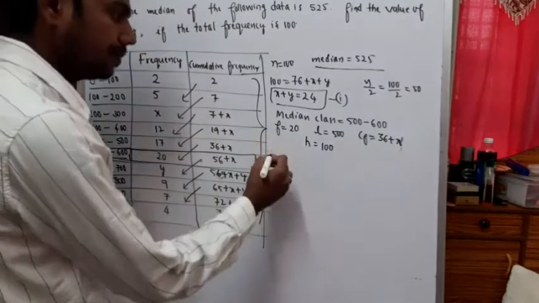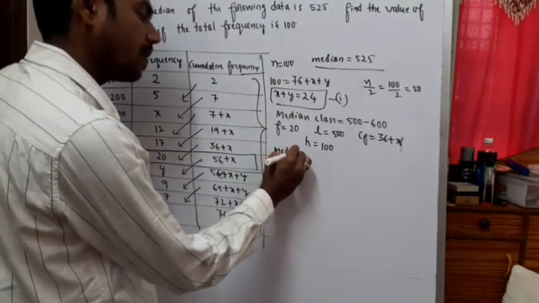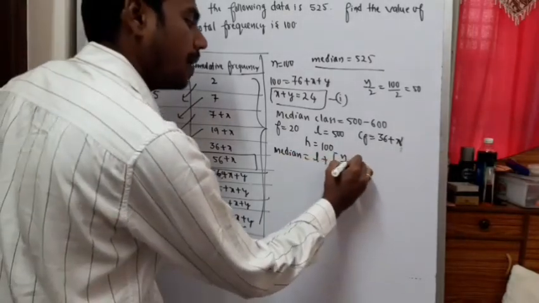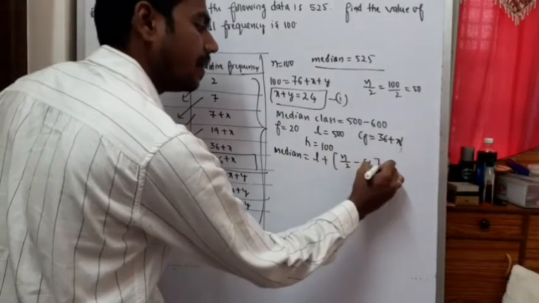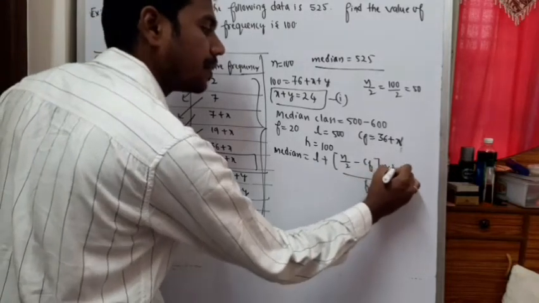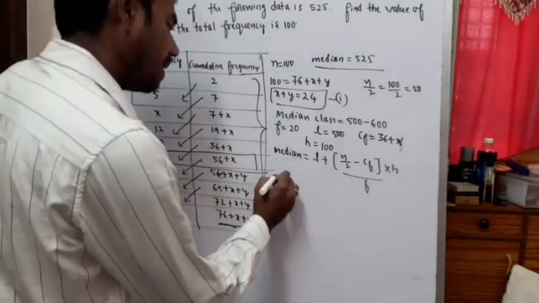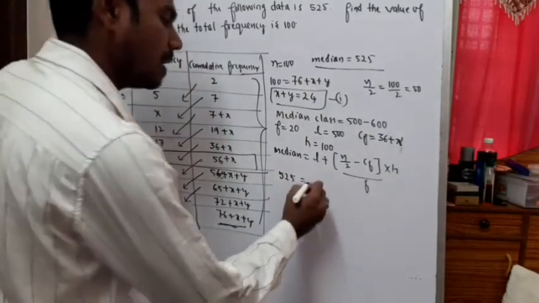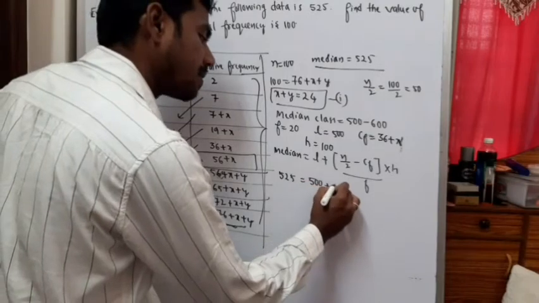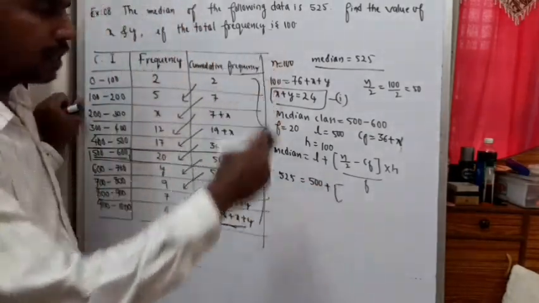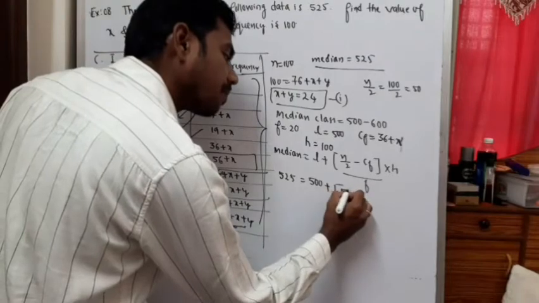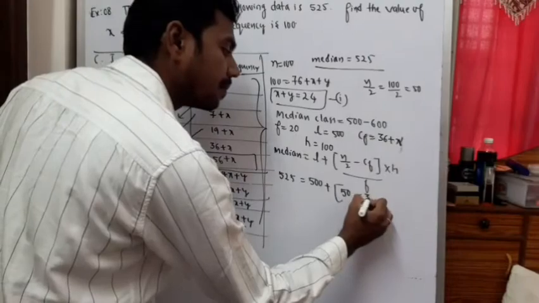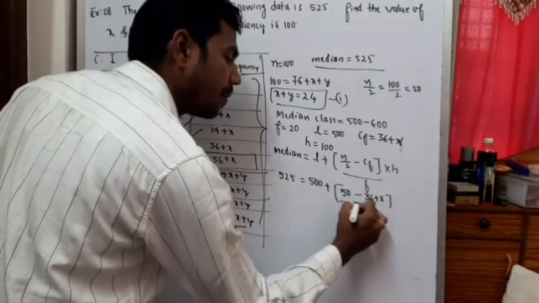Fine. Now median is equal to, what is the formula that we have? L plus n by 2 minus CF divided by F into H. This is the formula. Okay. Median they have given, that is 525 is equal to L. L is nothing but 500 plus n by 2. What is n by 2? N by 2 is nothing but 50 minus what is CF? CF is nothing but 36 plus x divided by what is F?